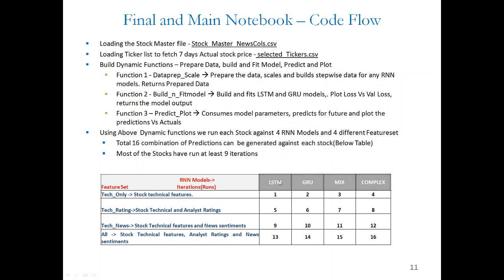I built 4 different models so that I can use any one of these against any one of these feature sets. So in total, you can run 16 different combinations for a single stock and find out which is the most effective model, whether the stock technical features against the GRU, or stock technical features against the mix model, which is the LSTM and GRU, or how the same prediction behaves when you add analyst ratings.